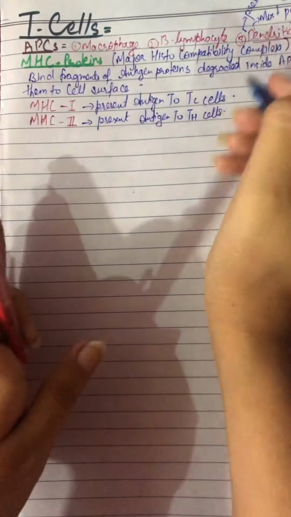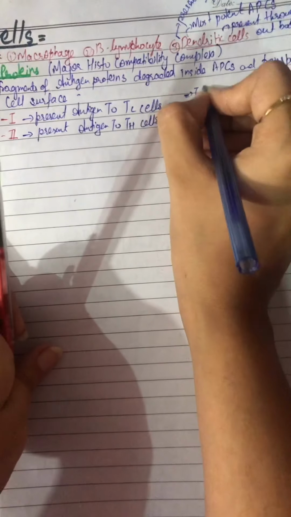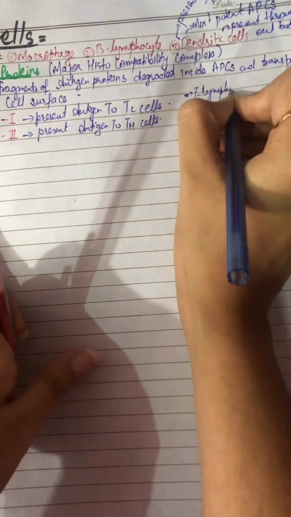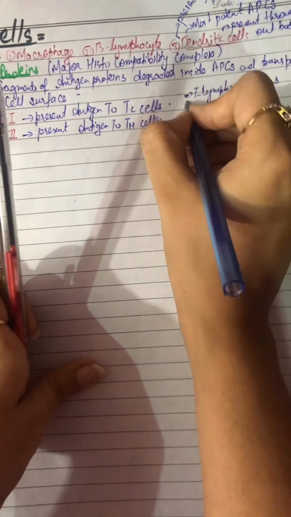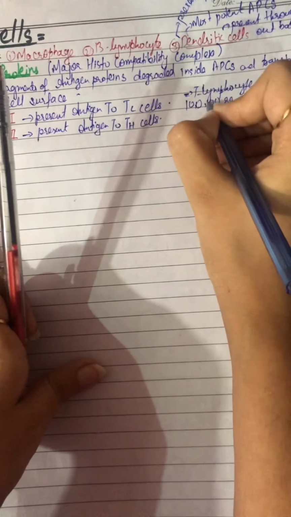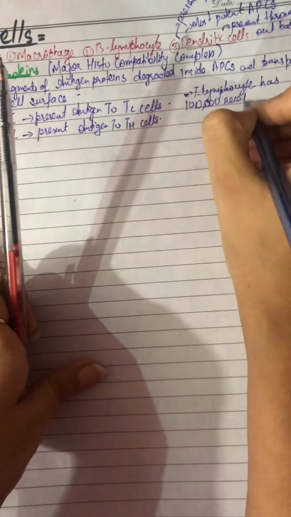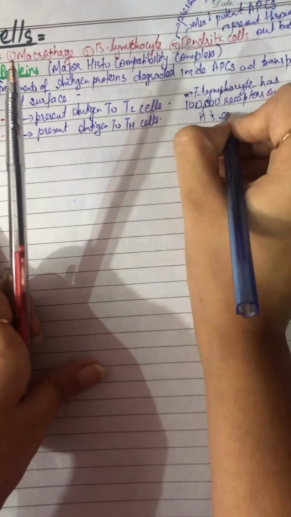First, remember that the T lymphocyte has almost 100,000 receptors on its surface.